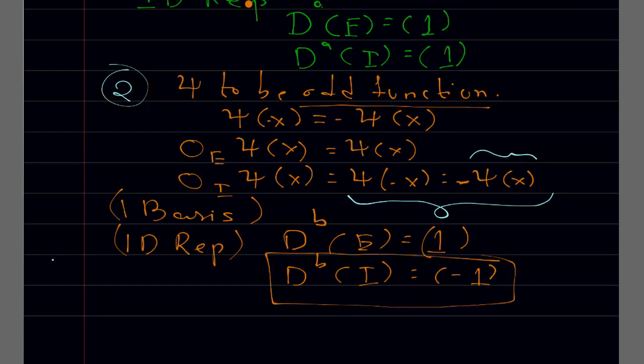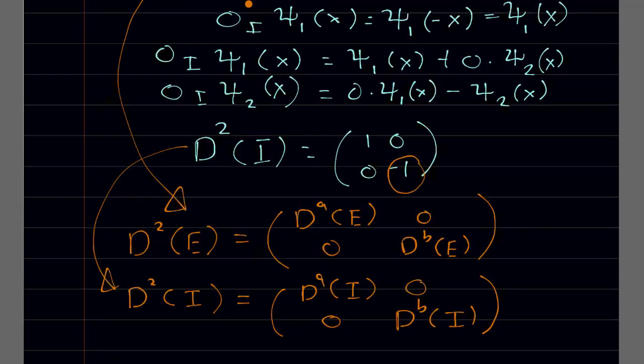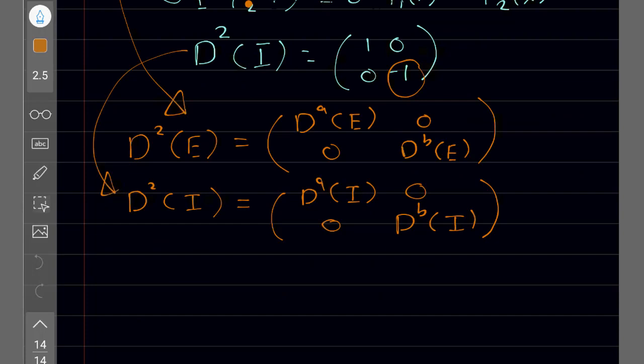Okay, so now I'm going to tell you some definitions, and I want you to keep that in mind so that we will understand it in a clearer way as we move forward.